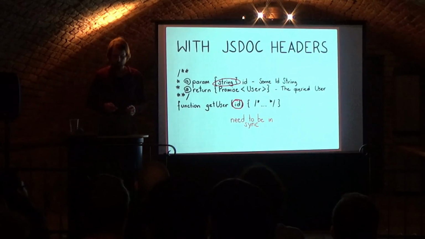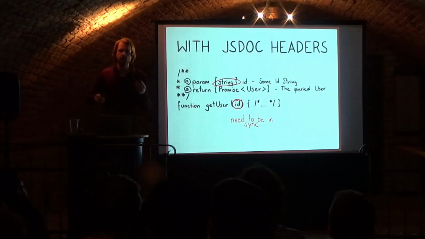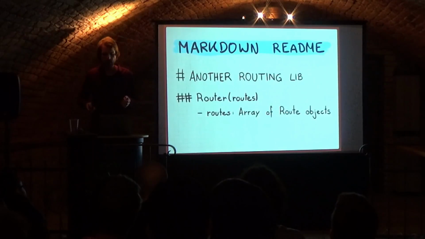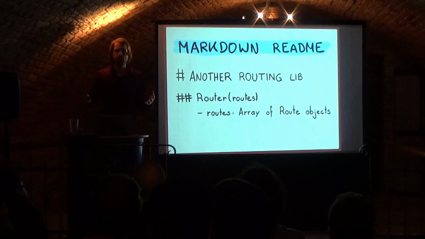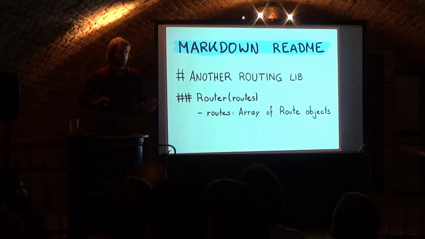So this is hard. I also find the generation of JSDoc is not very nice. So what I usually do in a GitHub project is put a README file there. Don't get me wrong, please write README files, they're super important. They give you a good insight into the API.